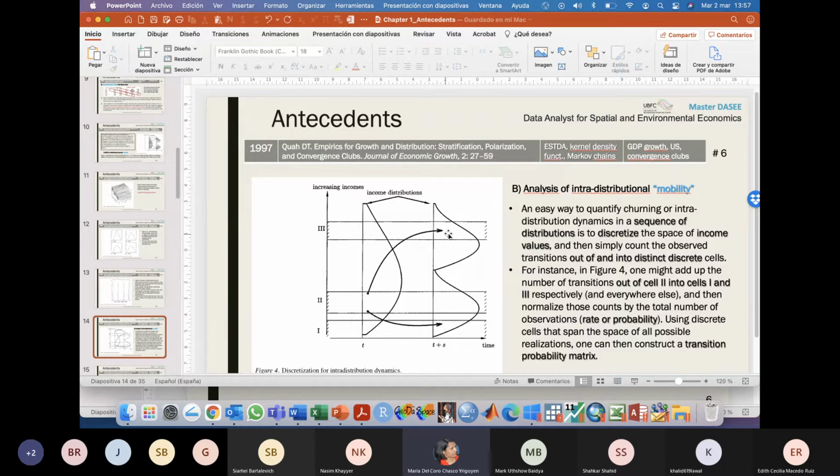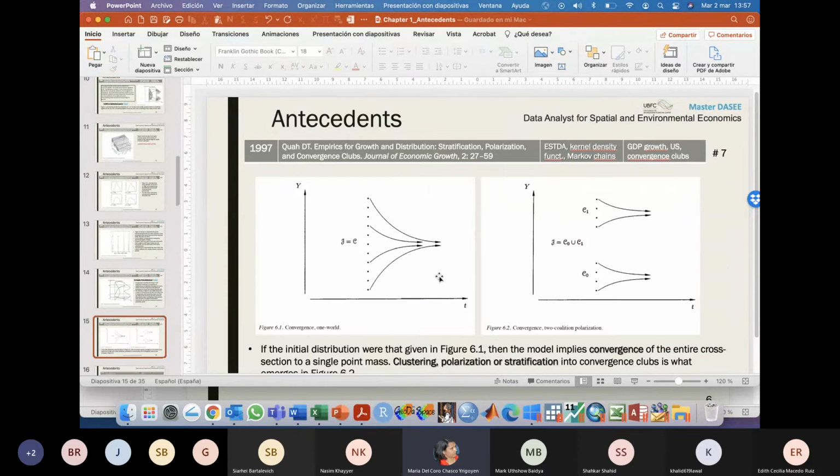So these arrows represent the countries that, departing in lower income positions, went to higher income ones or even lower ones. They could even worsen this situation in the last period. Okay. Using these discrete cells, we can construct a transition probability. So it's a way of representing a Markov chain matrix.